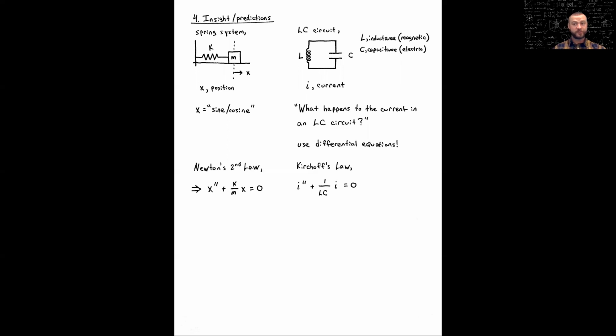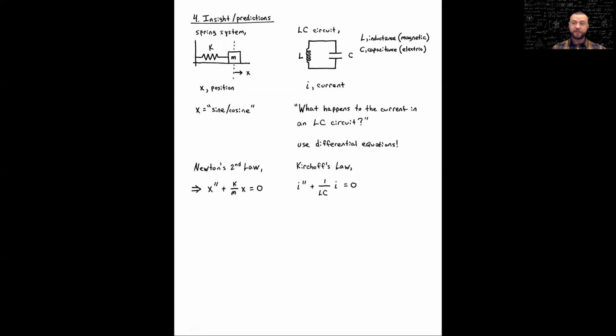Now, some of the symbols are different. On the left, for the spring system, x is our function of time. On the right, I is the current as a function of time. But aside from the names of variables, these two differential equations look remarkably similar.